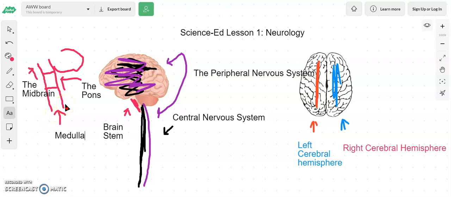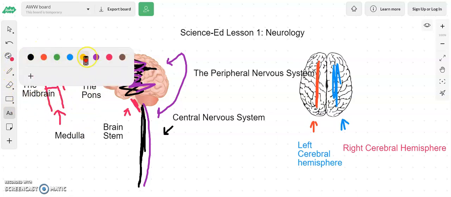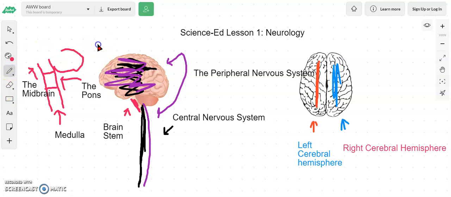I'm going to explain all of this later, but for right now I'm just going to label things so you won't forget. So right here is the cerebellum.